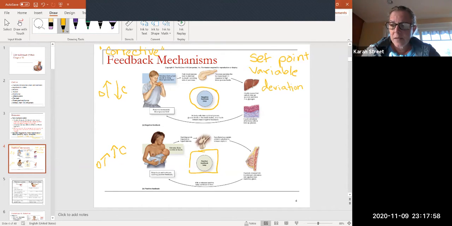Let me say again, very few systems in your body use positive feedback because of the deviation and correction going in the same direction. Positive feedback mechanisms are used when your body needs to make a very quick, profound change.